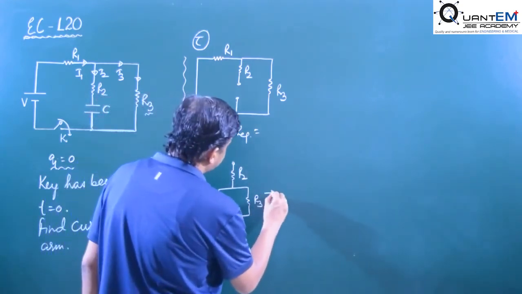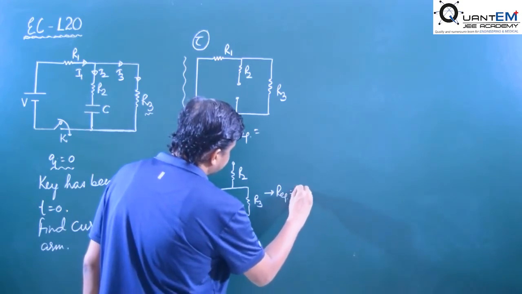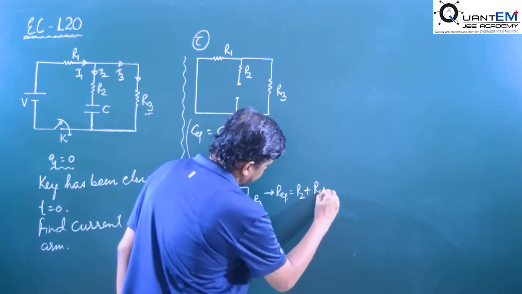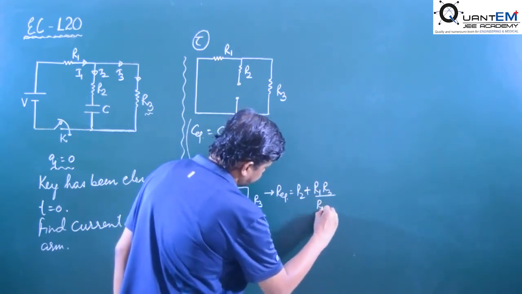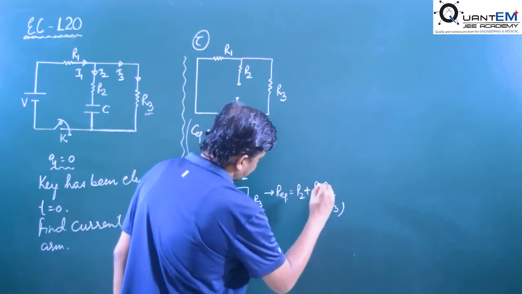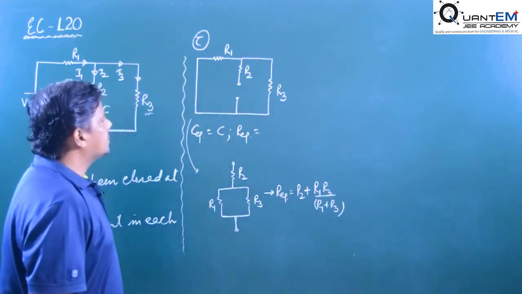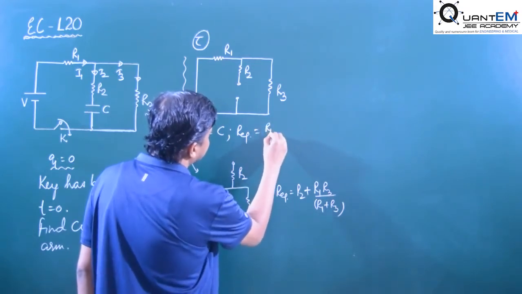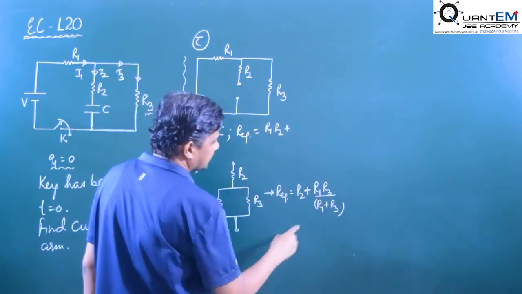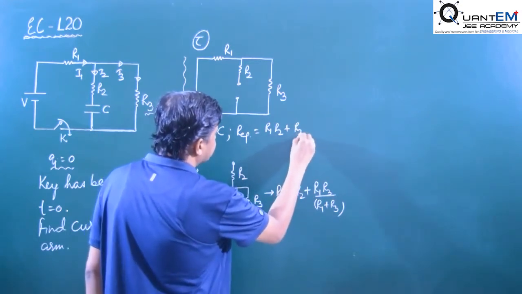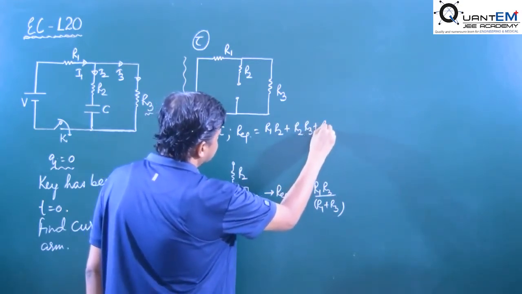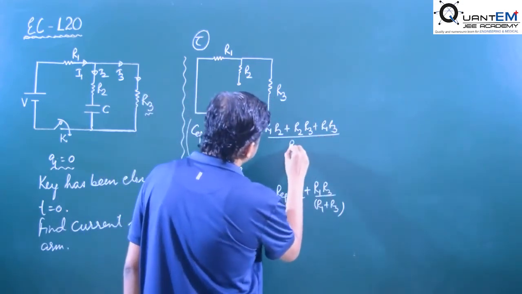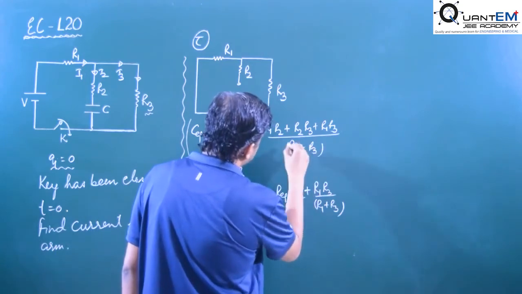Now what is the R equivalent here? It is R2, and these are in parallel. The equivalent of the parallel R1 and R3 is R1 R3 divided by R1 plus R3. Now R equivalent is (R1 R2 + R2 R3 + R1 R3) divided by (R1 + R3).